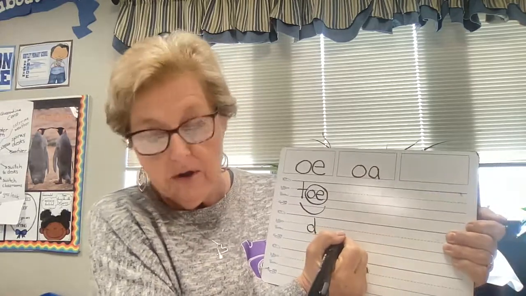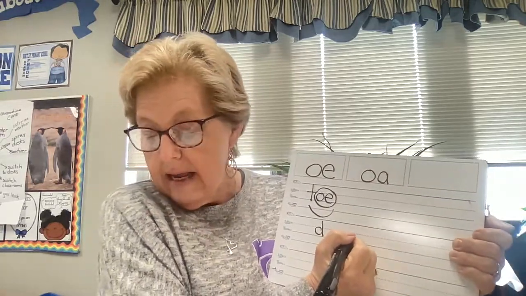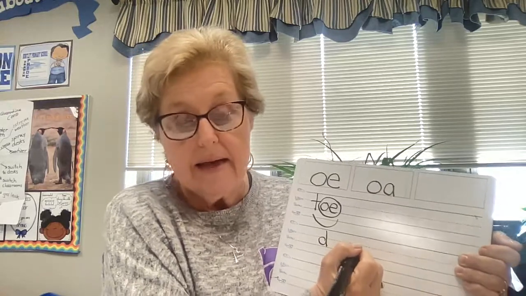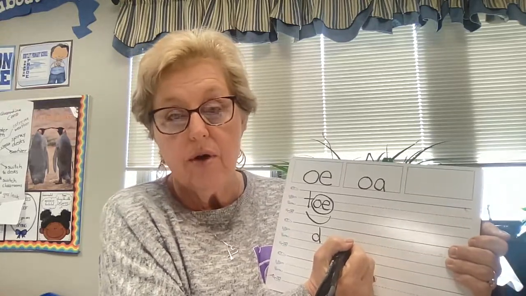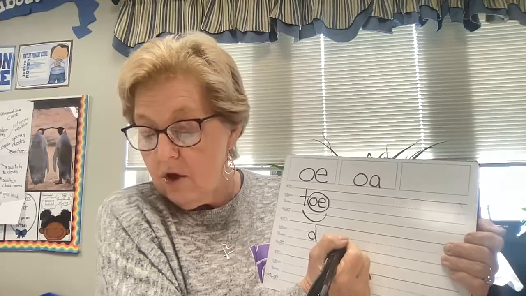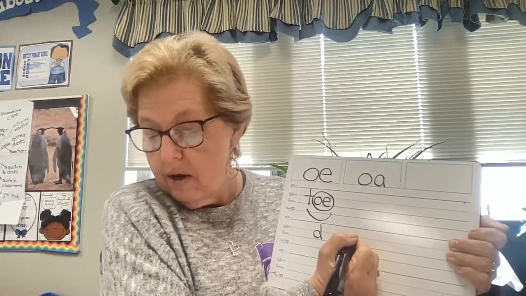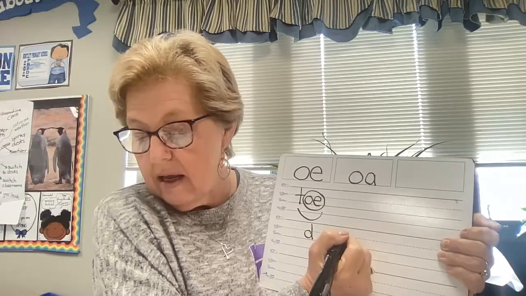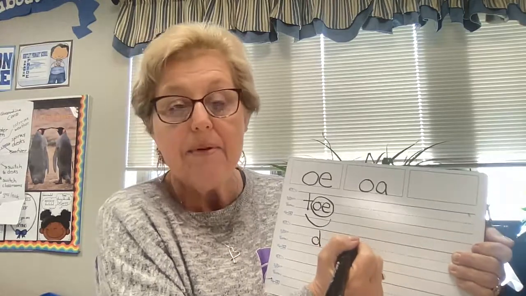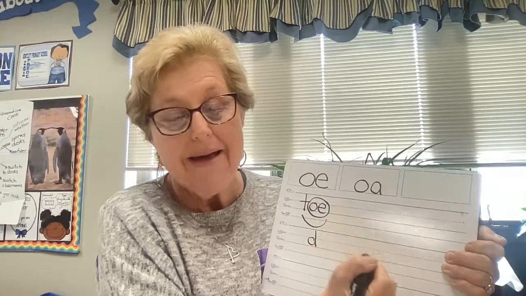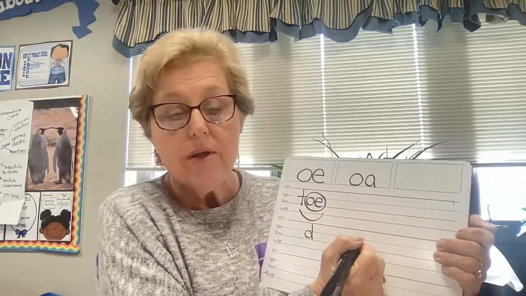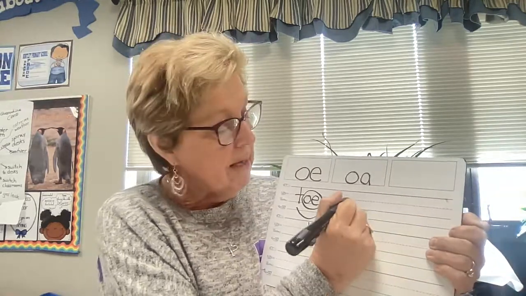Now, O-A is also the long sound of O, and it cannot come at the end of a word or a syllable. It can happen at the beginning of a word, as in the word oat, as in oatmeal.